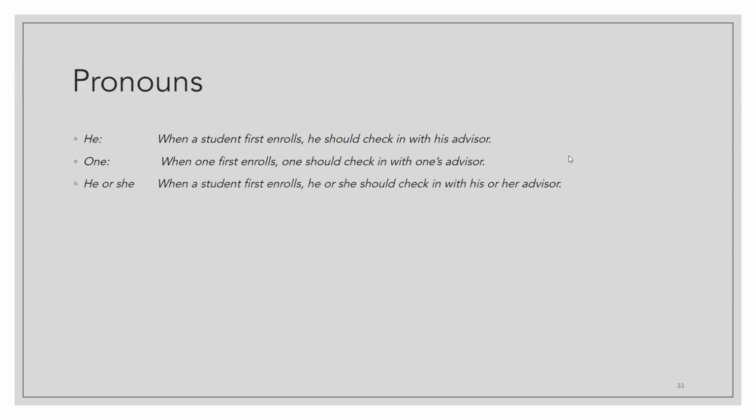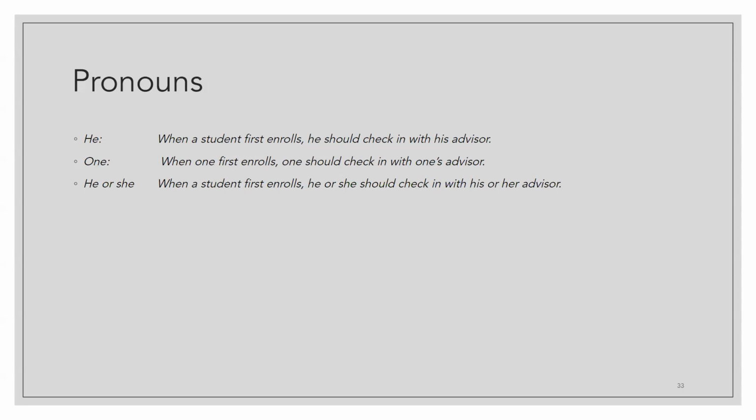I could try to be equitable and use he or she. When a student first enrolls, he or she should check in with his or her advisor. I'm getting male and female in there. And this might be okay if it was just one sentence or a couple of sentences.